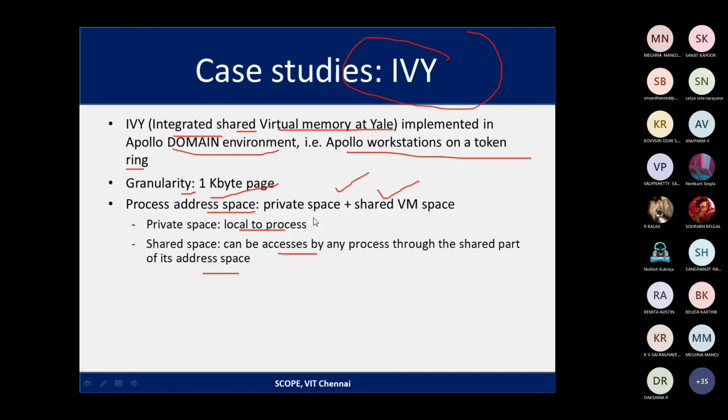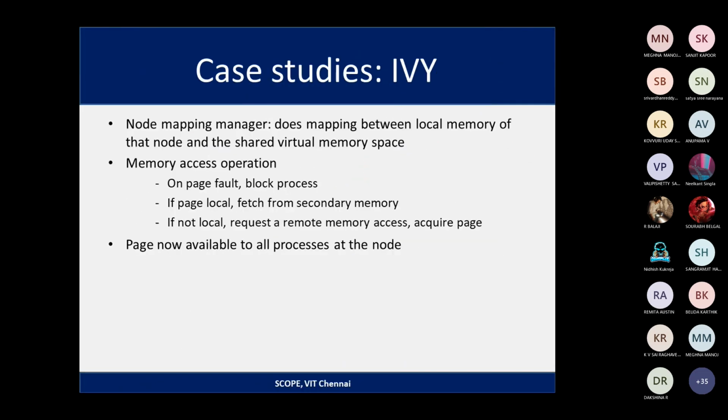And here we have the node mapping manager. The node mapping manager performs the mapping between the local memory of the node and the shared virtual memory space. Memory access operations happen here. Whenever a page fault happens, we block the process. If the page is local, we fetch it from secondary memory.